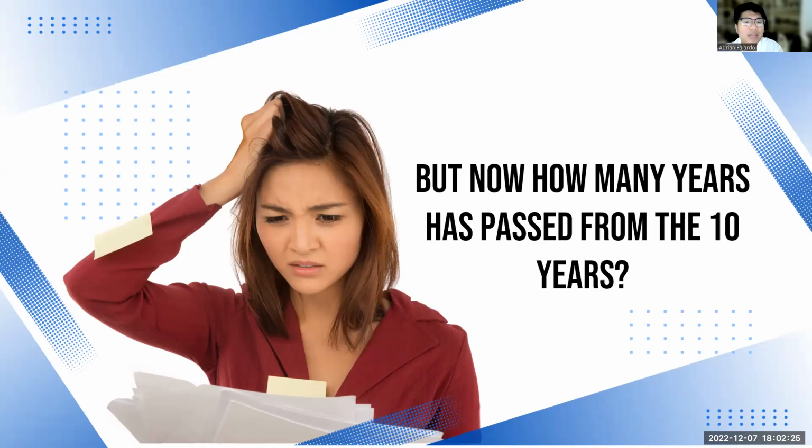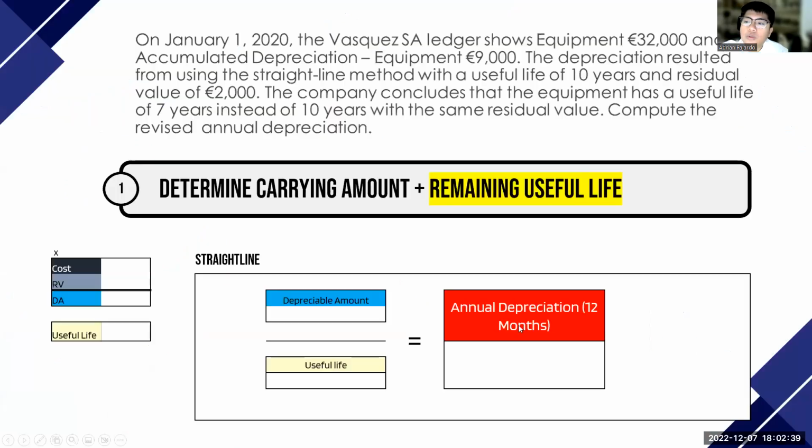Next. But how many years have passed from the 10 years? Kasi right now may ACDEP tayo eh. So, parang a certain time has passed. Hindi natin alam how much. Right? So, now we have to solve how many years have passed to give us an ACDEP of 9,000. And in order to do that, we need to get our annual depreciation. So how do we do that? We have a cost of 32,000 less our residual value of 2,000. So our depreciable amount is 30,000.